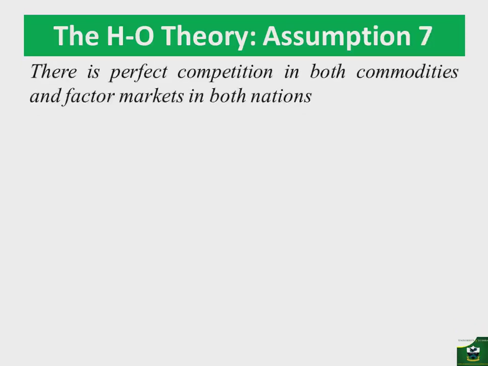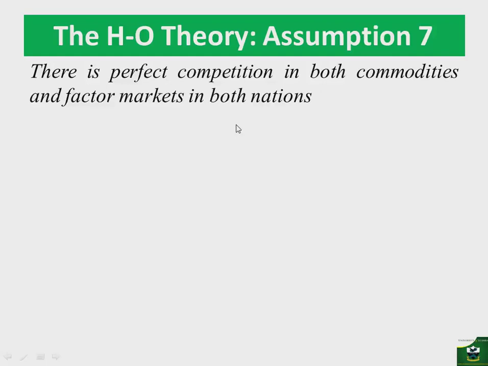Assumption 7 is that there is perfect competition in both commodity and factor markets in both nations. So when we are looking at the commodity market, we are looking at the market for commodity X and commodity Y, which we are producing. And when we are looking at the factor market, we are looking at the market for labor and capital.